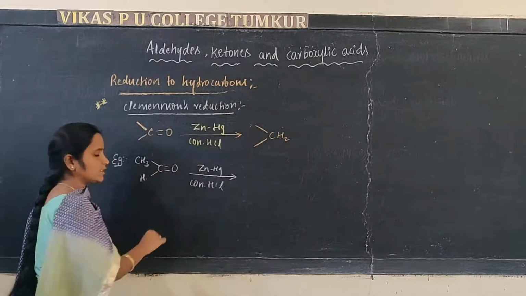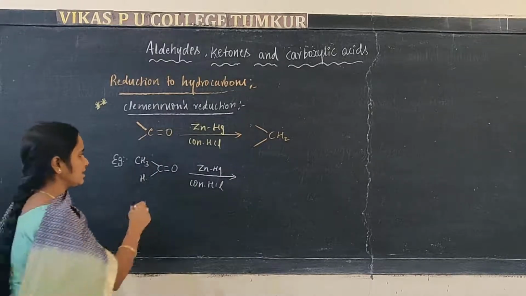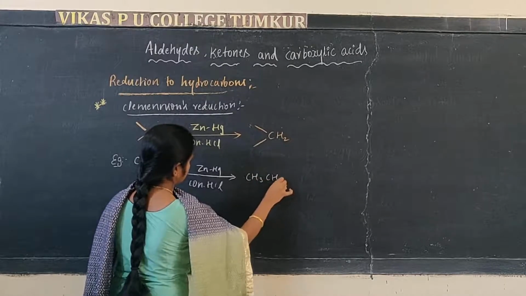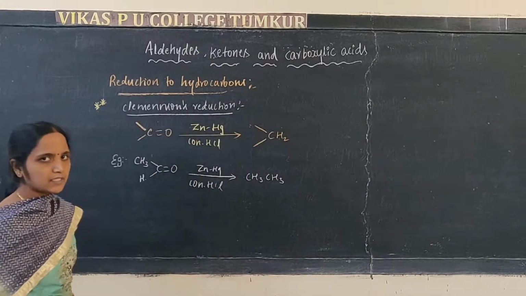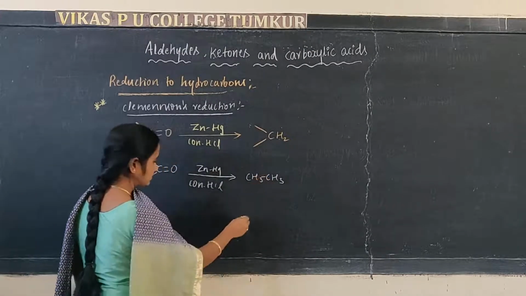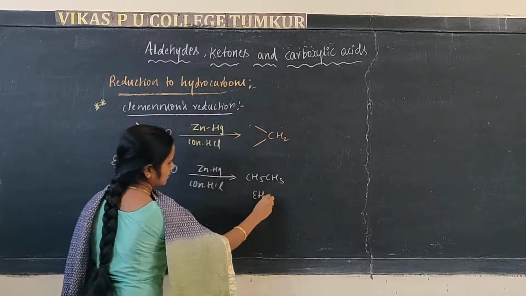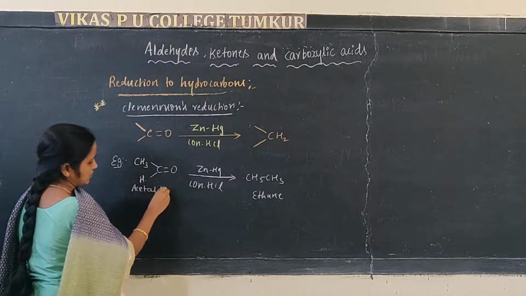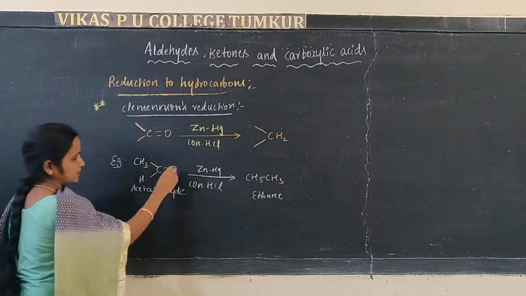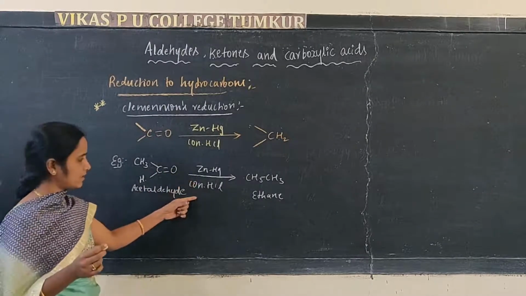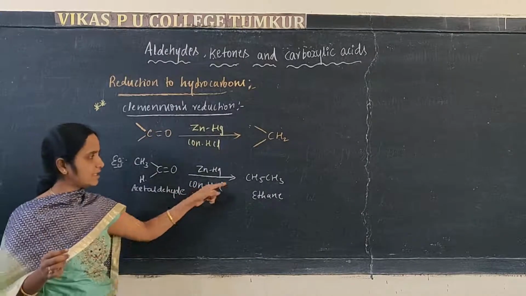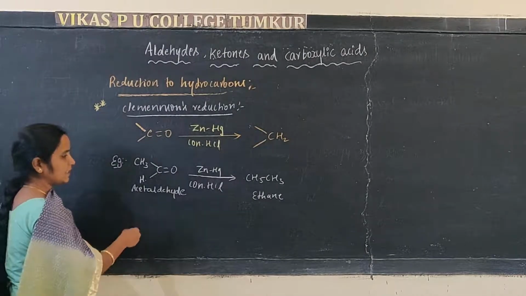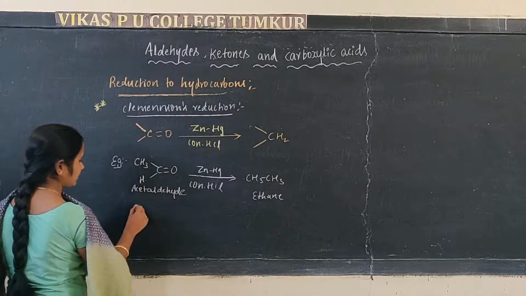It gets reduced into ethane, that is CH3CH3. This is about acetaldehyde. When we treat acetaldehyde with zinc amalgam in the presence of concentrated HCl, it gets reduced into ethane, the respective hydrocarbon.